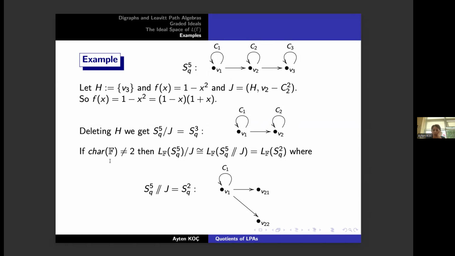And if the characteristic of F is not 2, the quotient L(Γ)/J is isomorphic to L(Γ//J), and Γ//J is the quantum sphere, and then this digraph. So we obtain that the quotient is isomorphic to a Leavitt path algebra, the Leavitt path algebra of this digraph.